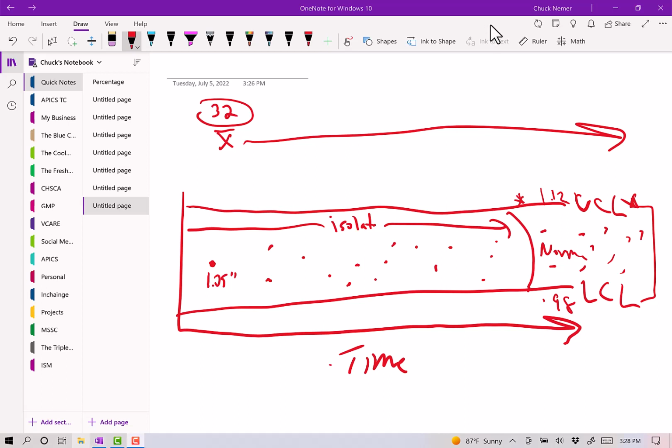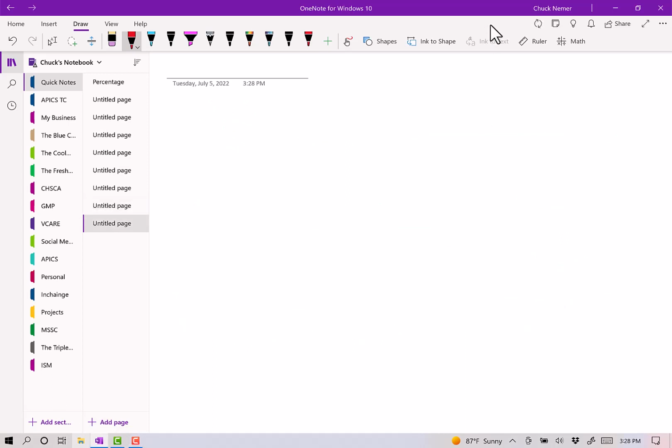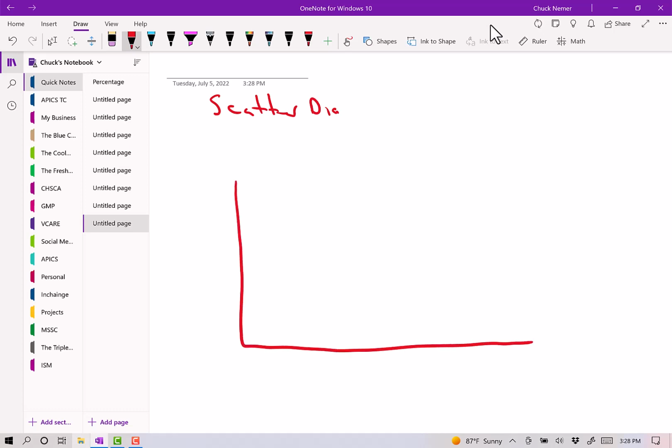The last tool then is called the scatter diagram. What a scatter diagram does is allow us to graph two variables, maybe something like temperature and humidity. And we grab a sample and we see when we get this temp, we see this level of humidity.